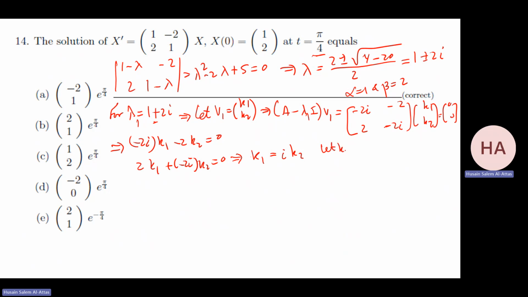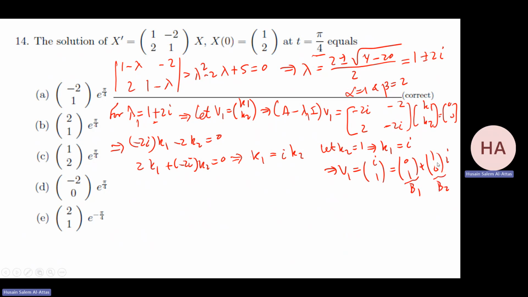So I let k2 equal 1. That implies k1 equal i. So v1 will be what? i and 1, which is 0, 1 plus 1, 0 i. That is b1 and that is b2.